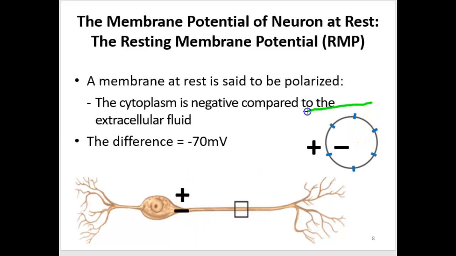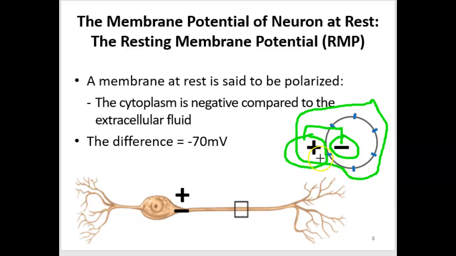So this is a cross-section of part of the neuron, we'll say the axon. And notice that this is the cytoplasm here where it's negative, but the extracellular fluid is positive. So that's a potential, and the neuron is currently at rest, and the difference in charge is 70 millivolts.